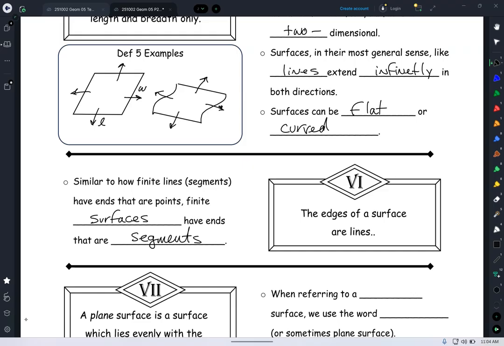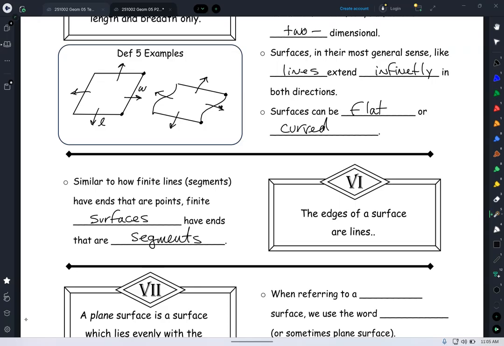If I come back up here to this example and put a point here and a point here, or even a point here and a point here, you can see that I've created a finite segment, which is an edge to my surface, or even a curved finite segment that is an edge to my surface, right?